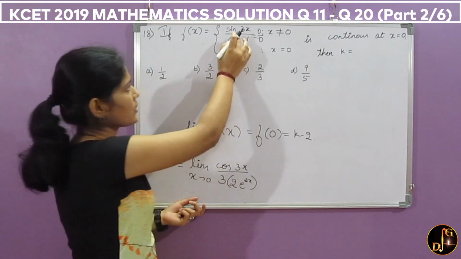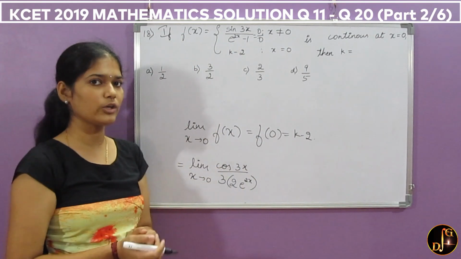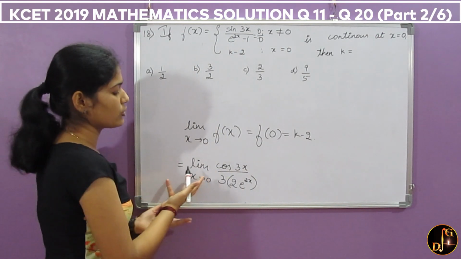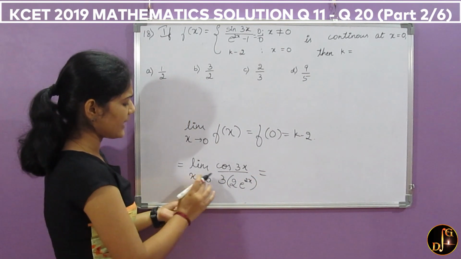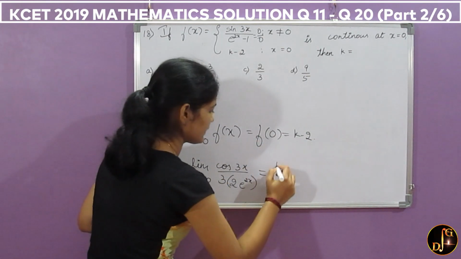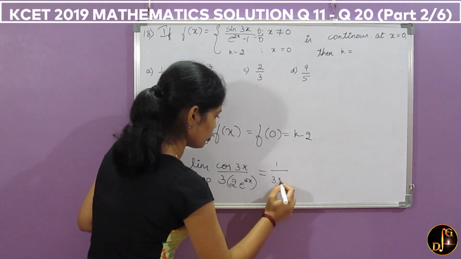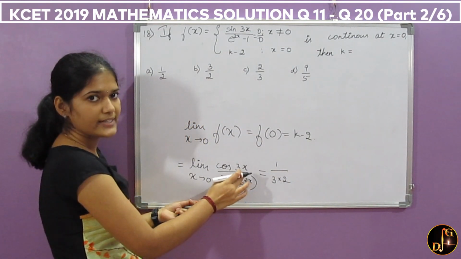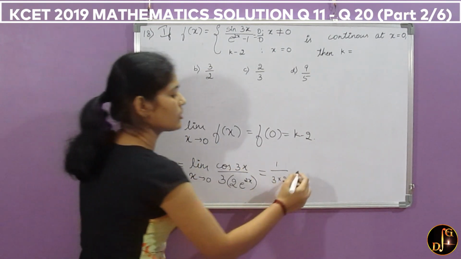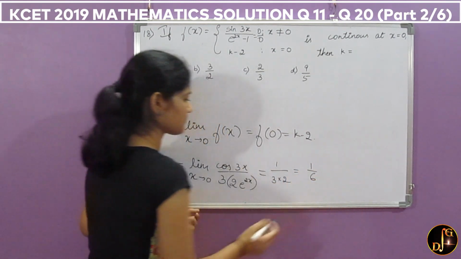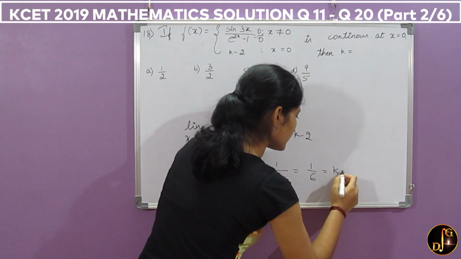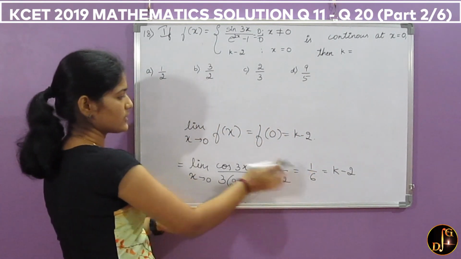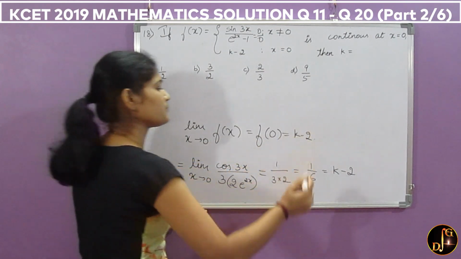So the differentiation of the denominator is 2 into e power 2x. Now let's substitute x is equal to 0 in this. Then clearly, x tends to 0 means cos 0, that is 1, divided by 3 into 2, and e power 2x is e power 0 which is 1. So directly this is 1 by 6. So we got this is equal to k minus 2. Right? Because this limit is equal to k minus 2.